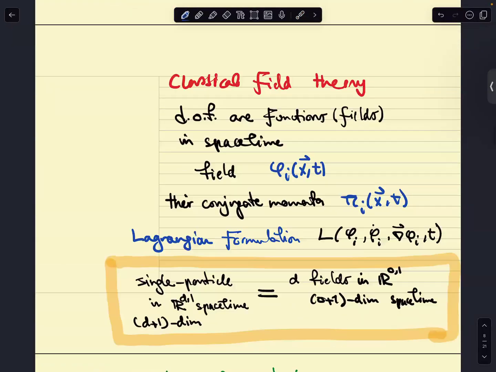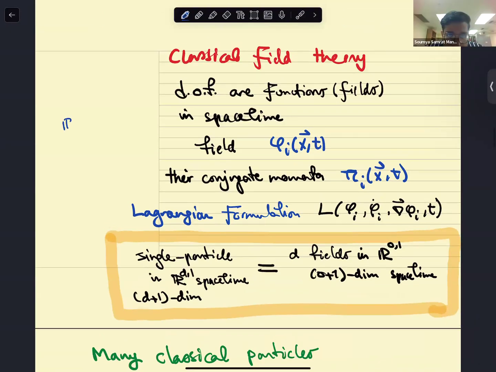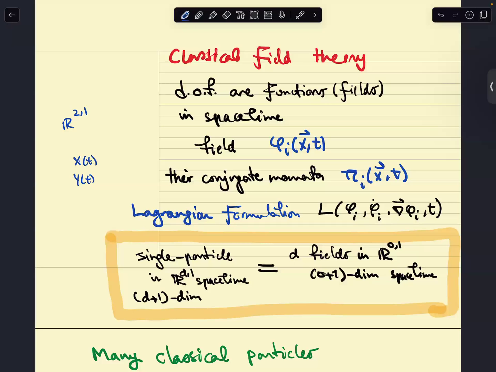You have a single particle in two spatial dimensions, so R^{2,1} spacetime. Yes, that should correspond to two fields in R^{0,1}. And for each of these fields, since I'm saying R^{0,1}, I'm a bit confused. How is the spatial dependence of these fields coming into the picture?